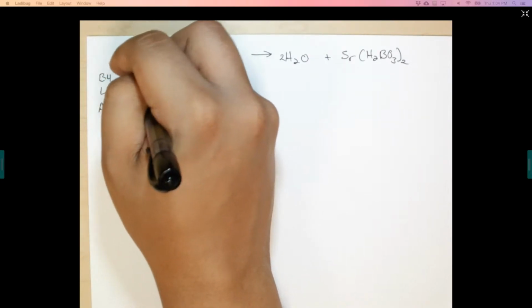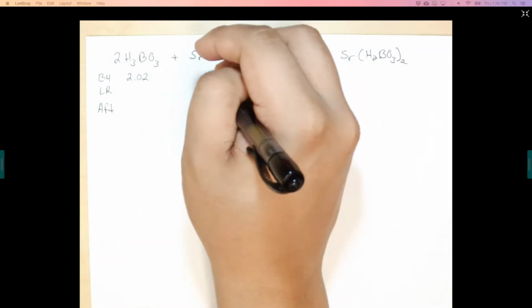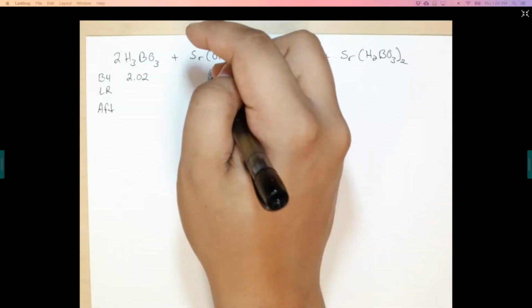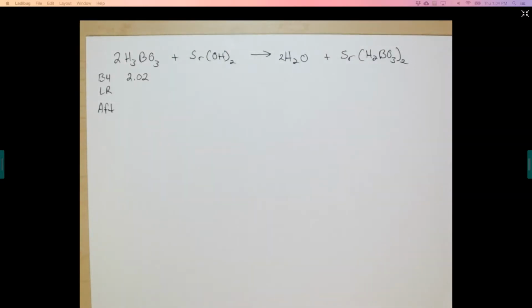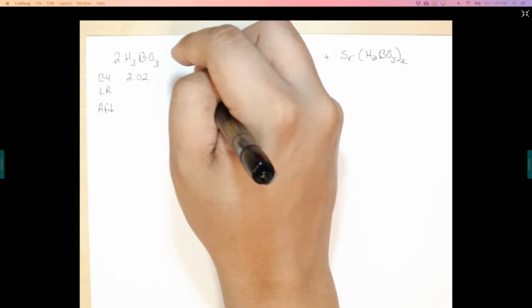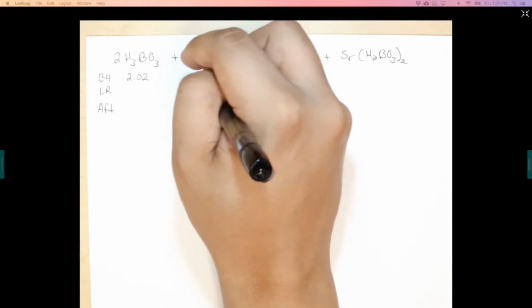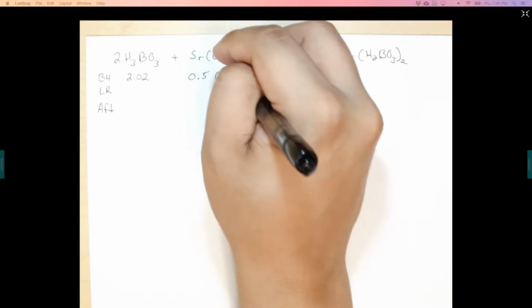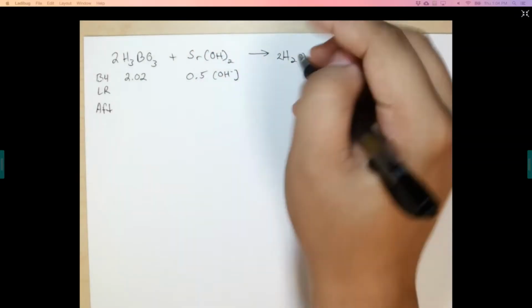So we got 2.02. And the strontium hydroxide number of moles of hydroxide, which is what we're interested in, right, is going to be 0.25 times 1, which is 0.5 moles of hydroxide, again, because that is what we're titrating with.